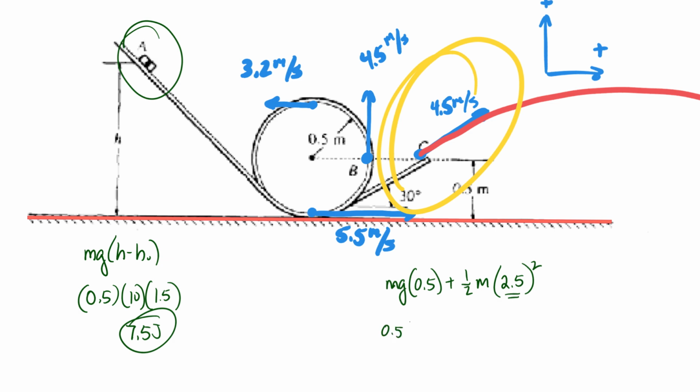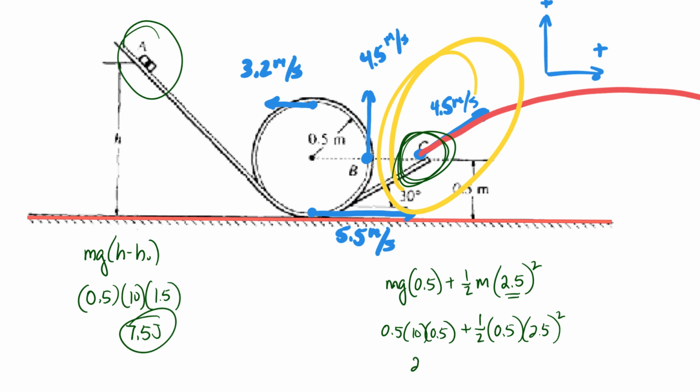So 0.5 times 10 times 0.5 plus 1/2 times 0.5 times 2.5 squared. You have to do all that. I'm just clarifying, we are using those two equations because that's what we got for C and B. We're using those two equations because we know the object has both potential and kinetic energy here. They told us how fast it's going, and we know it's above the reference level. All good? Yes. All right.